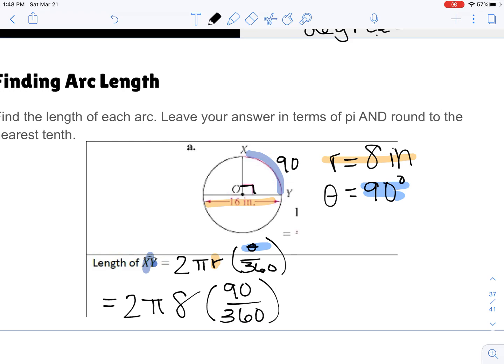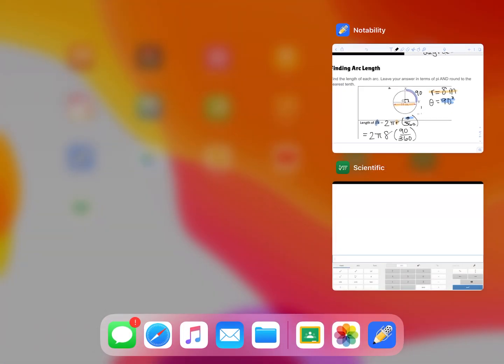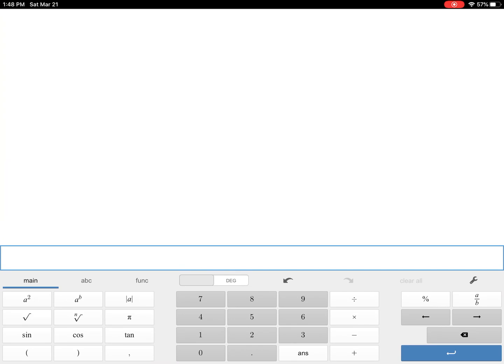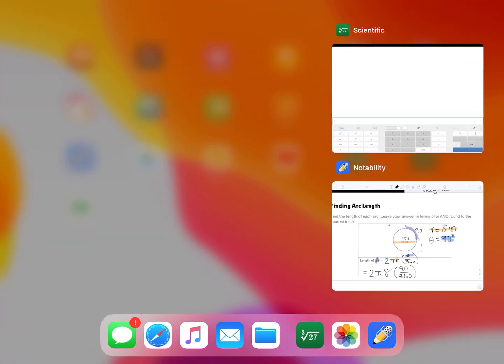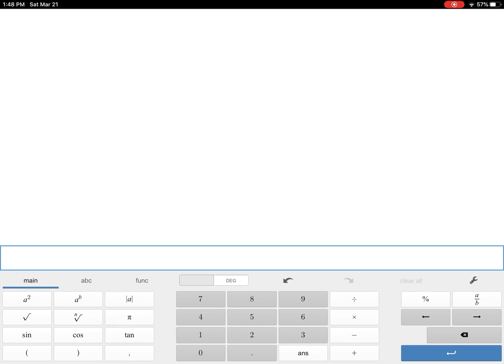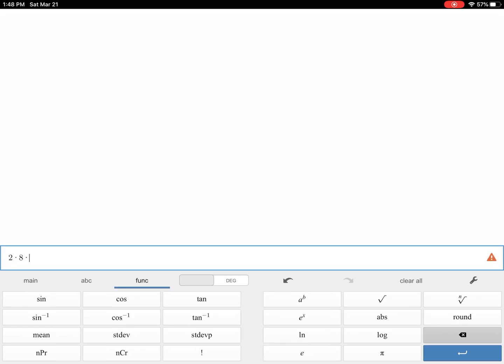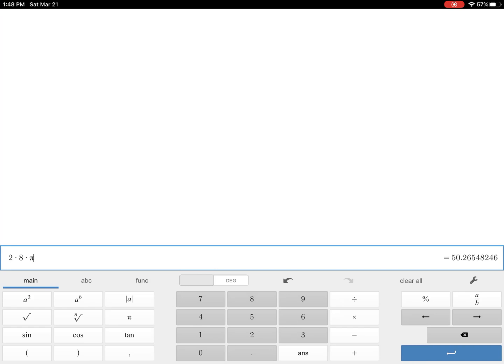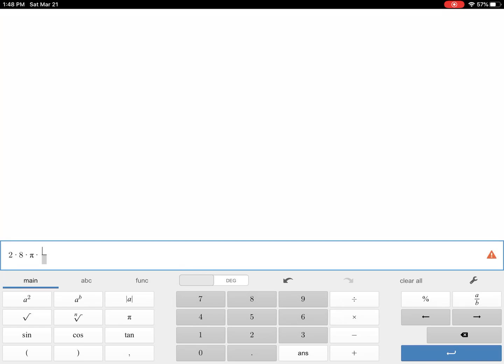We're going to leave one answer in terms of pi and one rounded to the nearest tenth. When you're rounding, you put everything into your calculator. I strongly suggest this app. I think it's the Desmos app, Desmos Scientific Calculator. We have 2 times 8 times pi times 90 over 360.